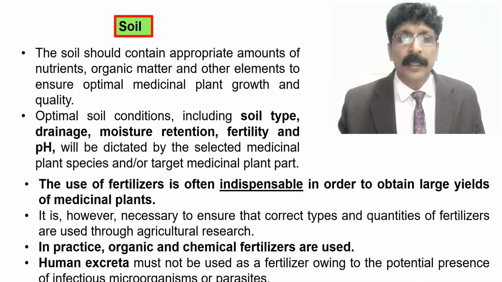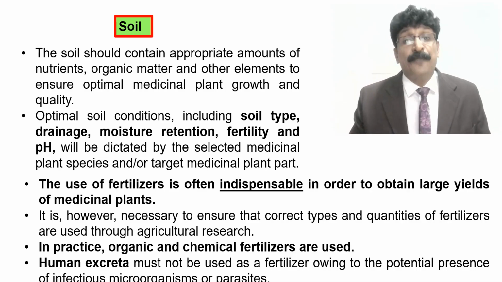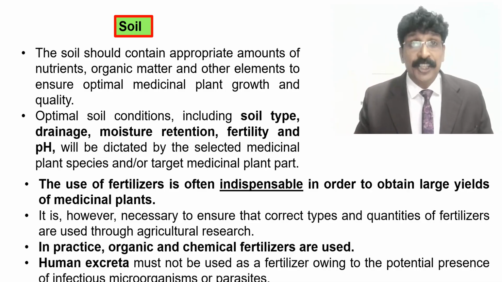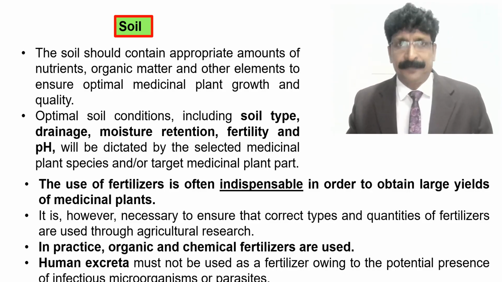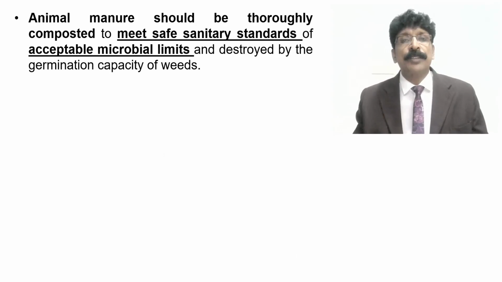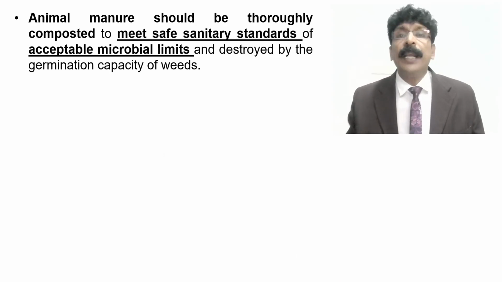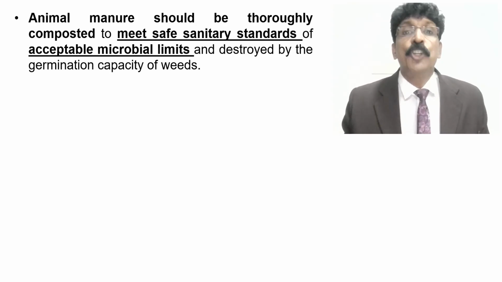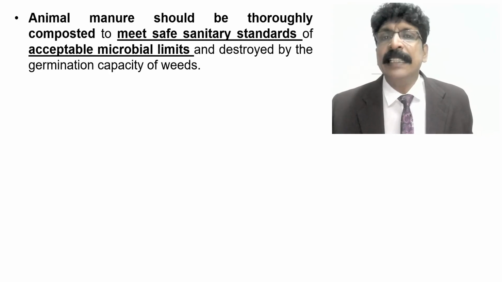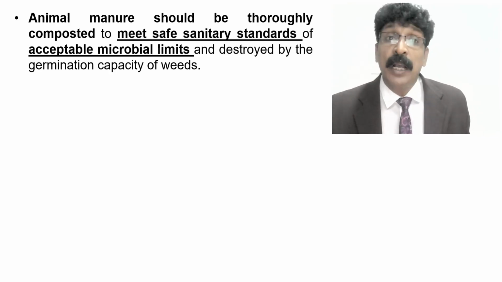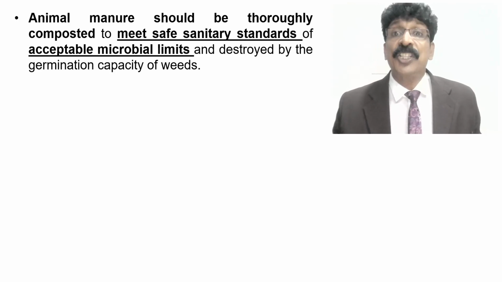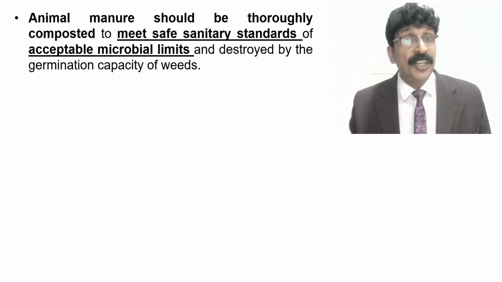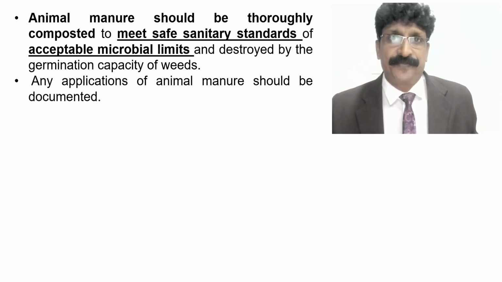Human excreta must not be used as a fertilizer owing to the potential presence of infectious microorganisms and parasites. Animal manures should be thoroughly composted to meet safety and sanitary standards of acceptable microbial limits and to destroy the germination capacity of weeds.